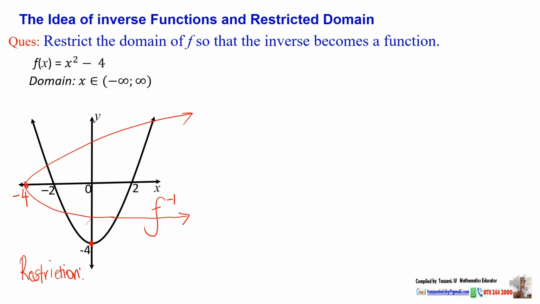The restriction will be x is an element of negative infinity up to p. This is the restriction. Then the other one will be x is an element of p up to positive infinity. You write both of them unless you are requested otherwise.